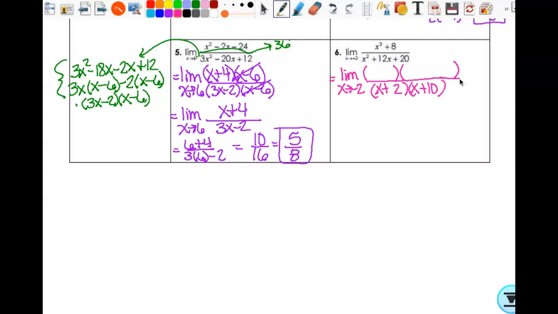And remember that our whole purpose is so that something cancels out, right? So chances are really good that that little binomial in the top is either x plus 2 or x plus 10. Otherwise, we wouldn't be able to cancel anything out, right?